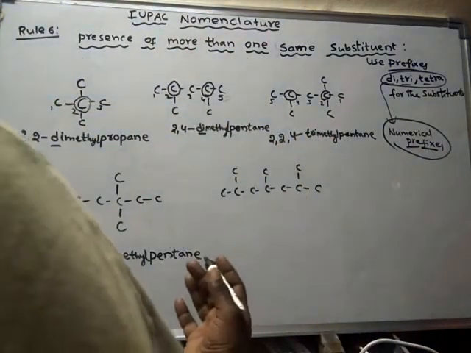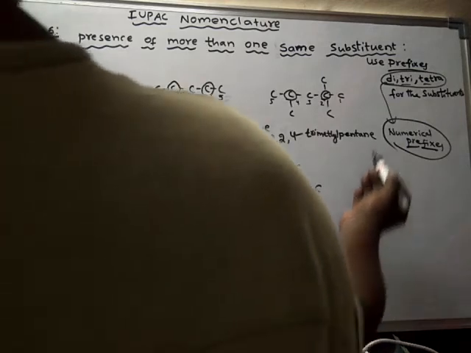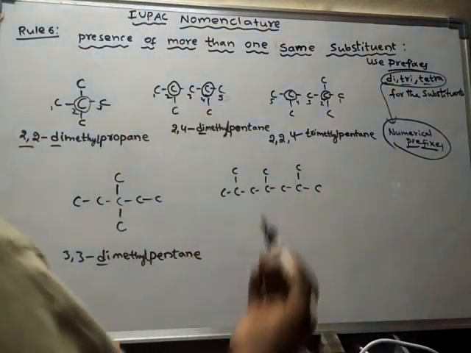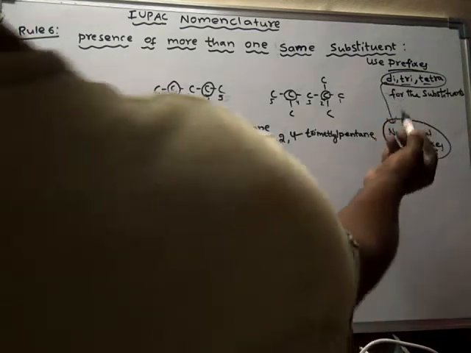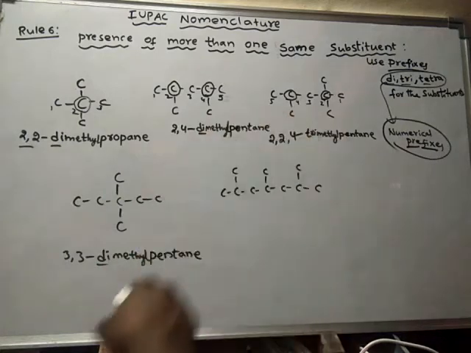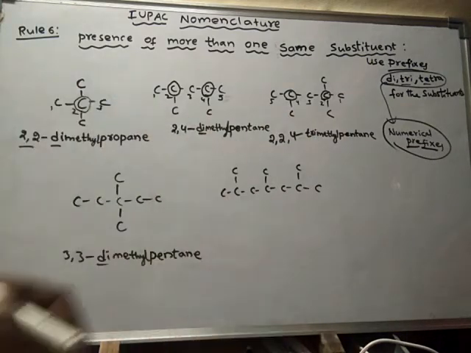Before what? These di, tri are related to substituents. Hence, we have to use those numerical prefixes like di, tri, etc. before the substituents only, because they are related to substituents.